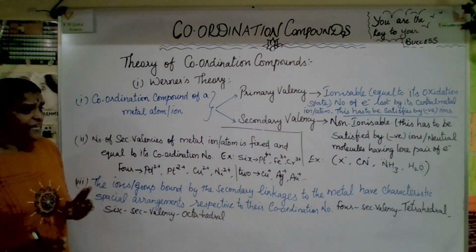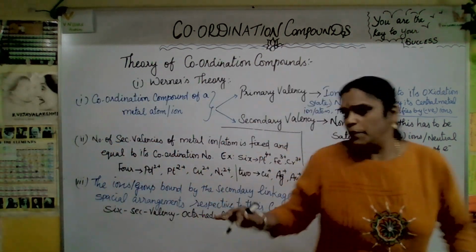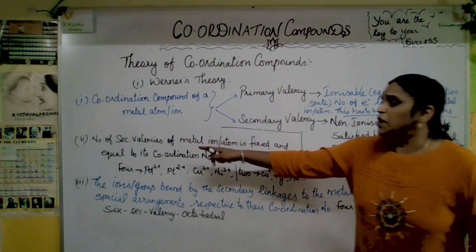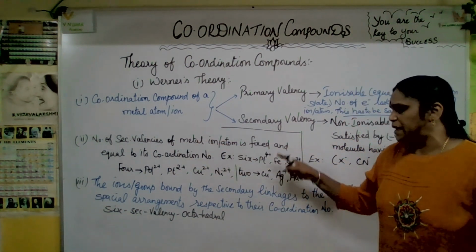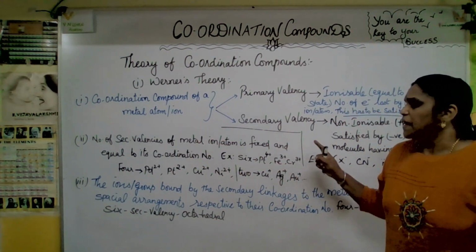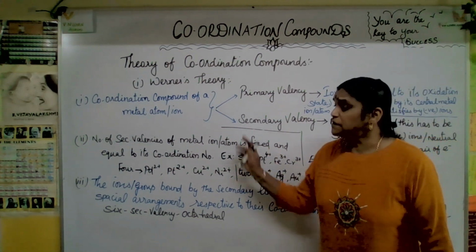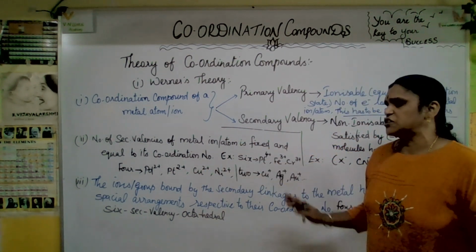Now the second point, out of only three points mentioned. The number of secondary valencies of a metal ion or atom is fixed, and that is equal to its coordination number.